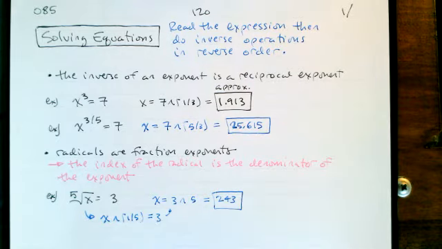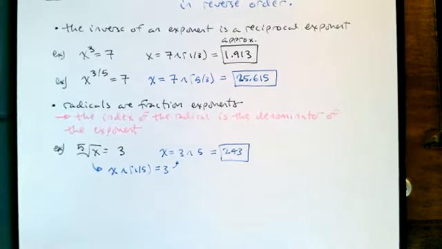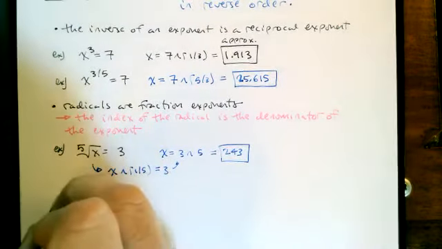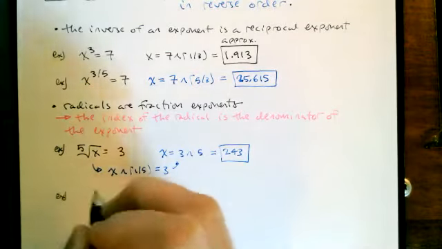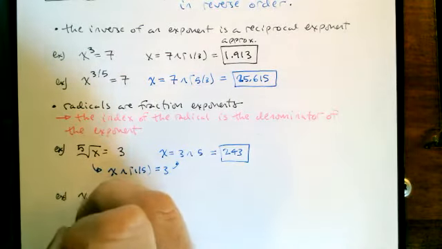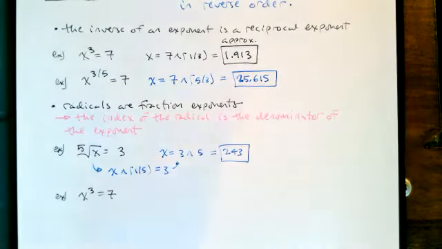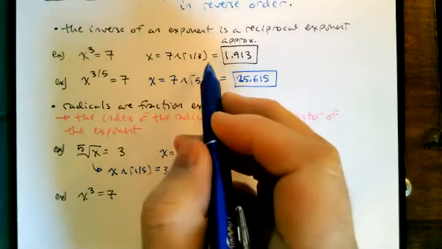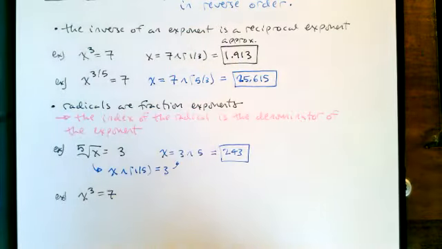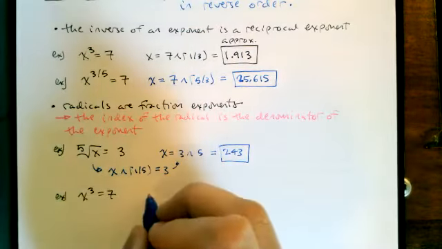This also means that we can use radicals to solve our equations. So going back to our first equation, where we had x to the third equals 7, we can also write the solution in radical form. So if x to the third is equal to 7, since it's a 1/3 power of 7, we can write that as the cube root of 7.